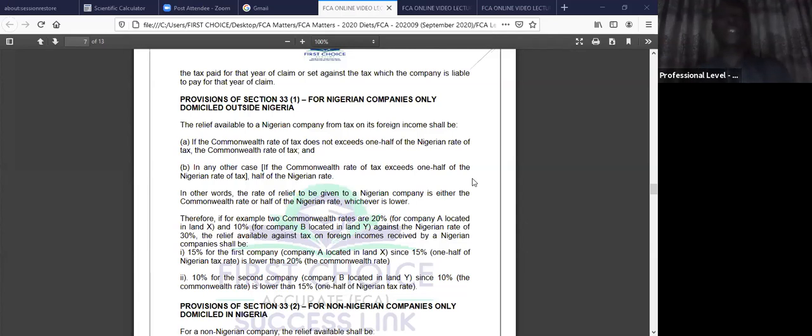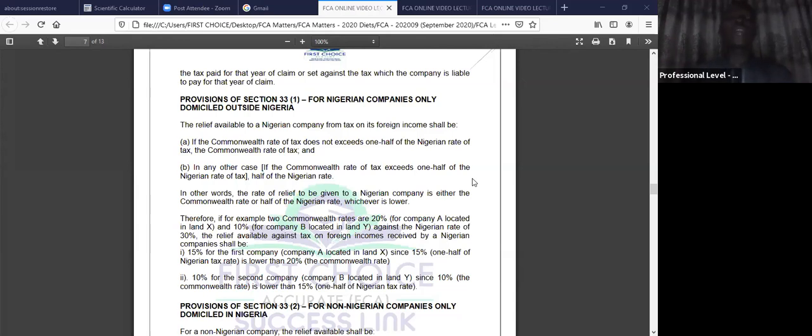So that's the advantage of having a double taxation relief for Nigerian companies. Fortunately, they are going to get at most all of the Nigerian tax payable as relief.